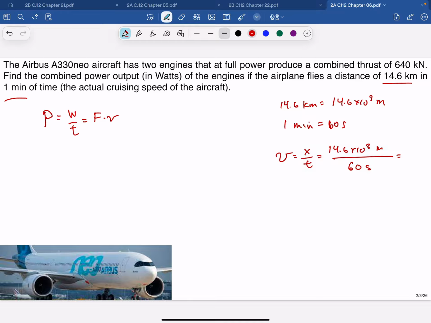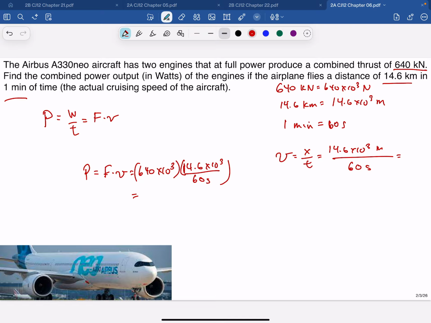So that's my velocity, and power is going to be my force times my velocity. 640 kilonewtons is 640 times 10 to the 3 newtons. Okay, so 640 times 10 to the 3. Velocity is 14.6 times 10 to the 3 divided by 60 seconds.